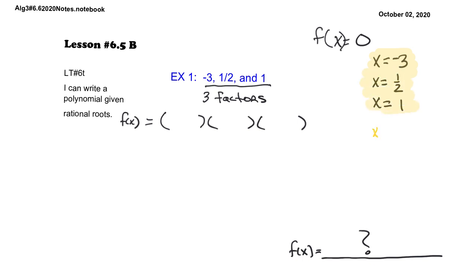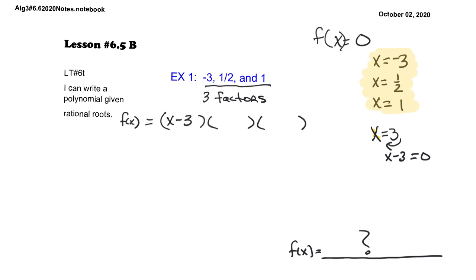If x equals 3, and I know that that's a solution to 0, if I want to get that equal to 0, I would just have to bring the 3 back to the other side, and I would have x minus 3. So with an answer of 3, one of my factors is x minus 3.